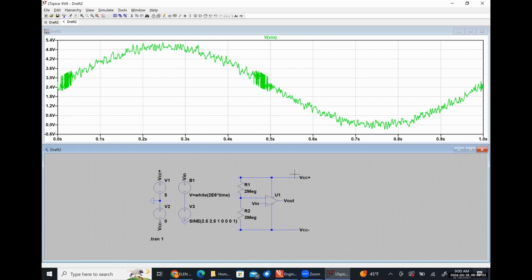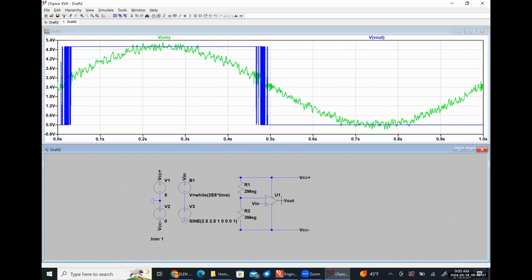If we look at our output voltage, what's going on right here and right here is that our comparator effectively just makes a simple decision. Is the input voltage greater than Vref? If so, make it go high. If the input voltage is less than Vref, make it go low.